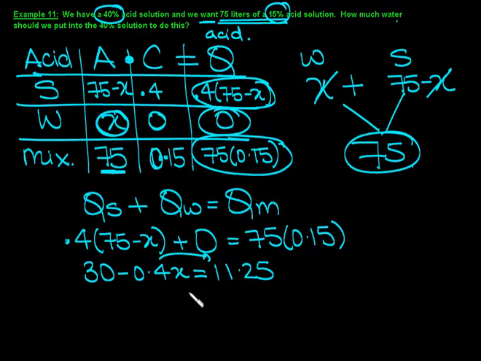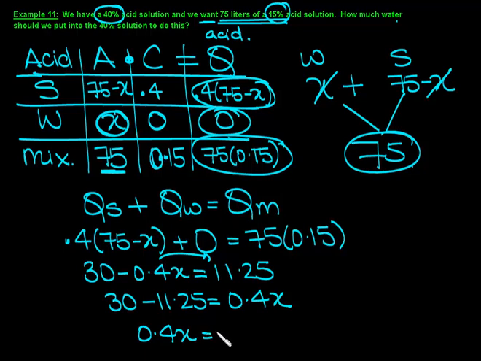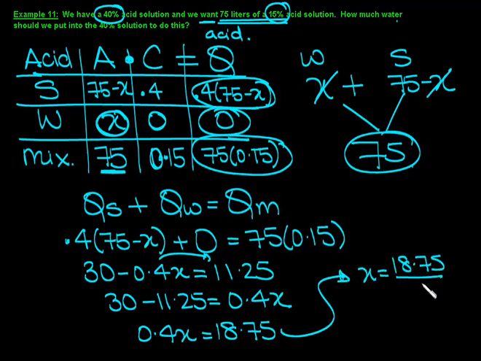Move this to the other side, and that there. So we get 30 minus 11.25 is equal to 0.4x, so 0.4x is equal to 18.75. So x is equal to 18.75 divided by 0.4.